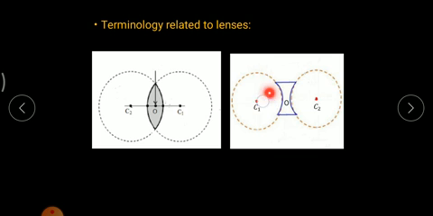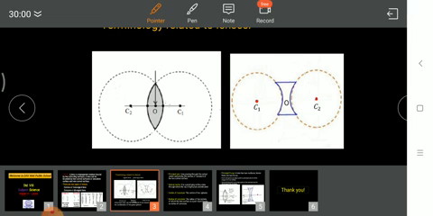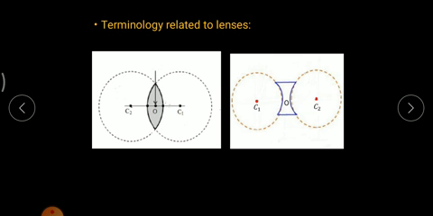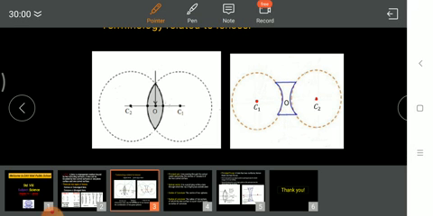Since I complete this imaginary hollow sphere, it is obvious that I will have a center of curvature. So for this refracting surface, I have the center of curvature named C1, and for this refracting surface of the lens, I have the center of curvature C2. And the exact center of this concave lens is O. This center is nothing but the optical center.